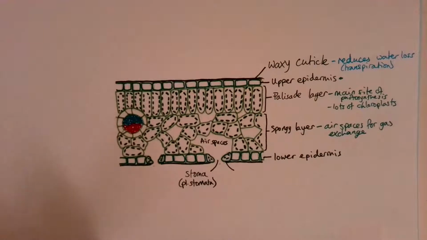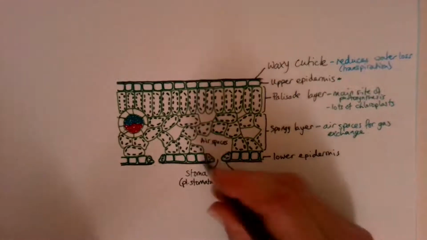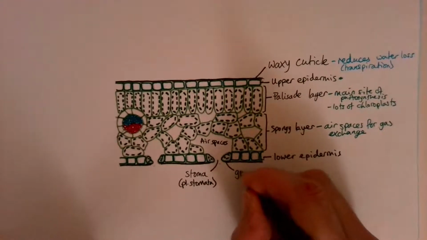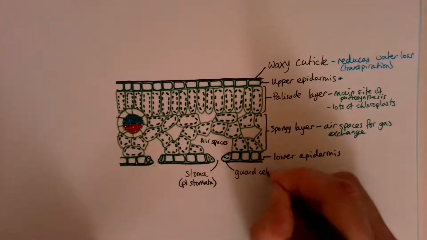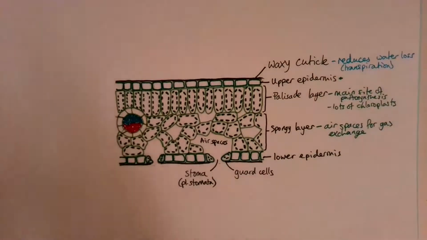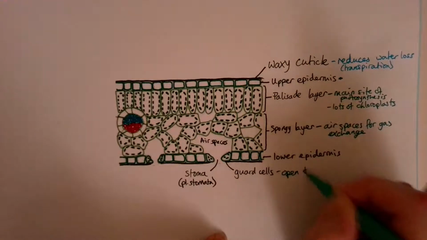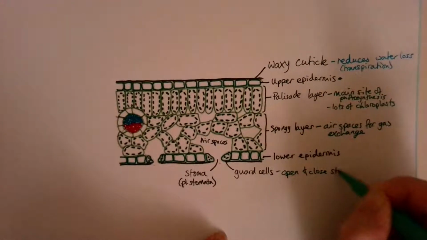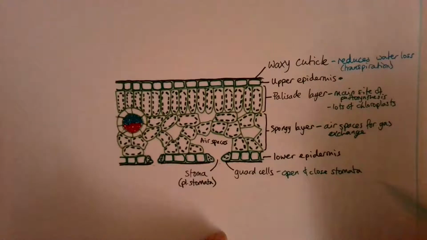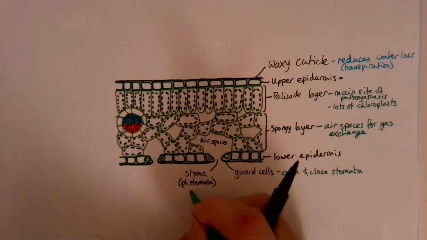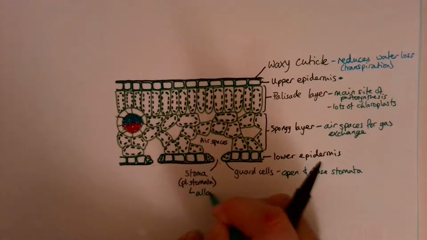So if we have more than one, we call them stomata. And they are surrounded by cells called guard cells. And the guard cells are there to open and close the stomata. And the stomata themselves are there to allow gases in and out of the leaf.